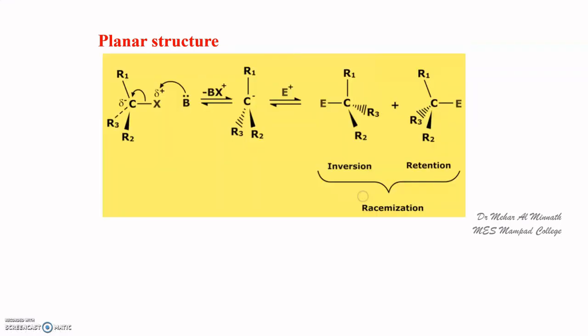Now, if the carbanion is a planar structure, then also we get racemic mixture, because when the carbanion is formed, the electrophile can attack from either the back side or the front side. So we get a mixture of the inverted and the retained product, and we get a racemic mixture.